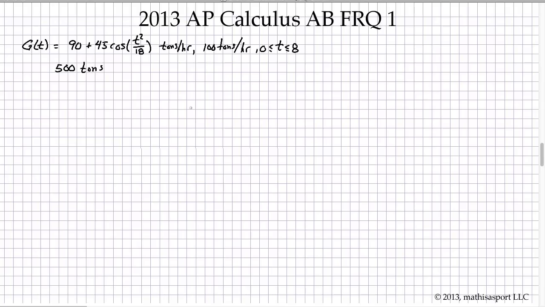The real difficulty with this problem is that none of us have ever worked at a gravel processing plant. And what I mean by that is sorting out what they're talking about is the real challenge here.